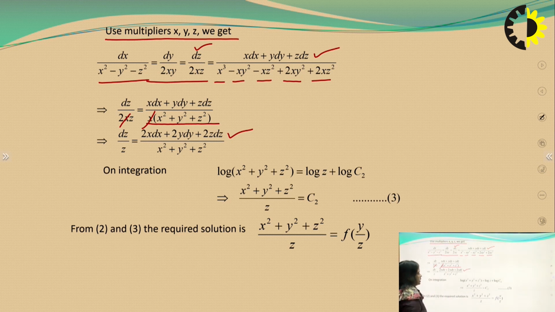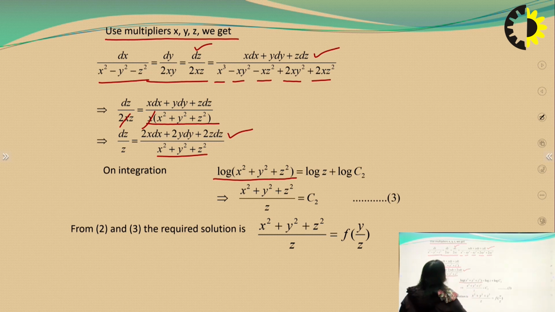So this can then be integrated to give me log of x squared plus y squared plus z squared, and obviously the other side dz upon z can be integrated to give log of z, and the constant of integration is taken as log c2.